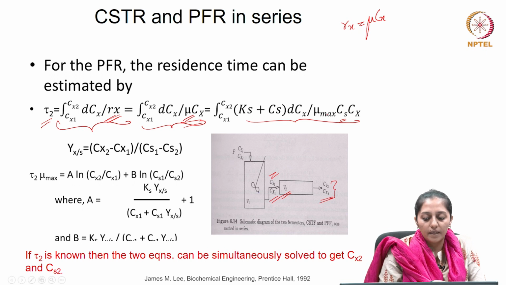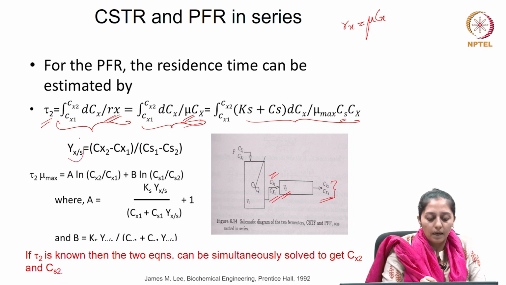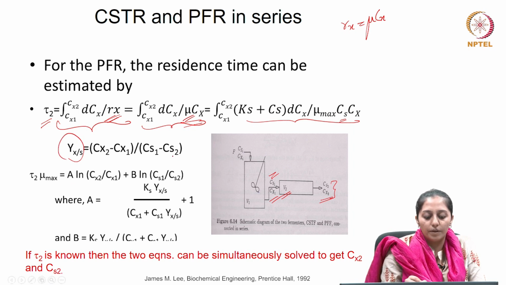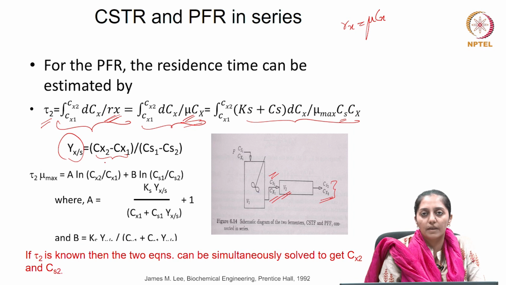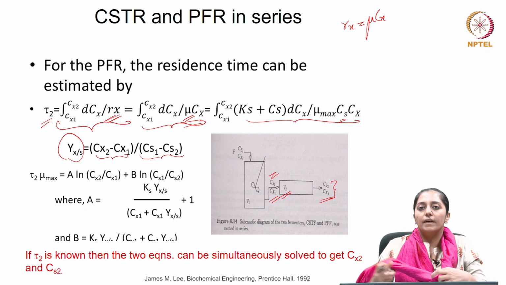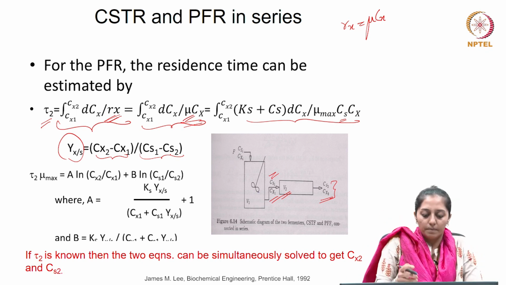In order to integrate this, we first need to substitute one variable in terms of the other. For that, we have another equation of the yield coefficient Yx/s, which is (Cx2 minus Cx1) by (Cs1 minus Cs2). The numerator is the amount of biomass produced in this batch reactor, and the denominator is the amount of substrate consumed in this batch reactor.